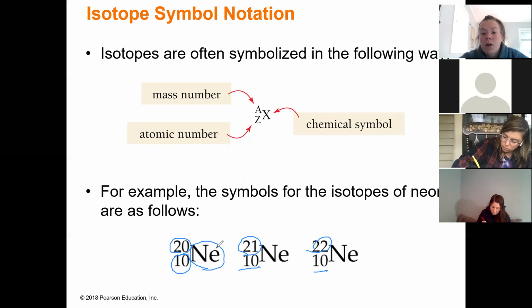Now this number is different than the charge, right? When we were talking about S2 minus, where did we put the charge? We put the charge on the back end, so don't get that confused with this. This is talking about a change in mass or number of neutrons. This is talking about a change in charge or number of electrons.